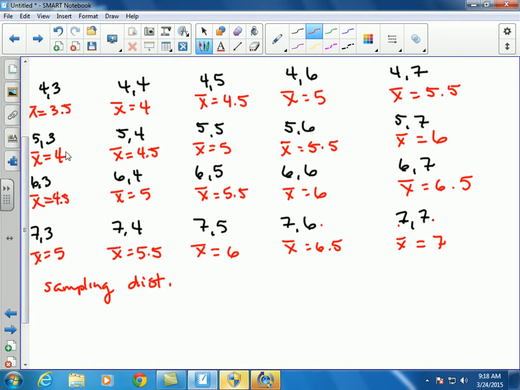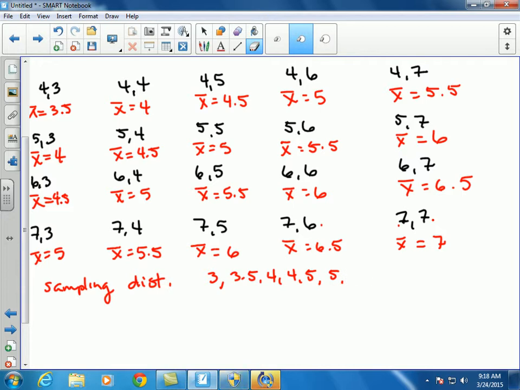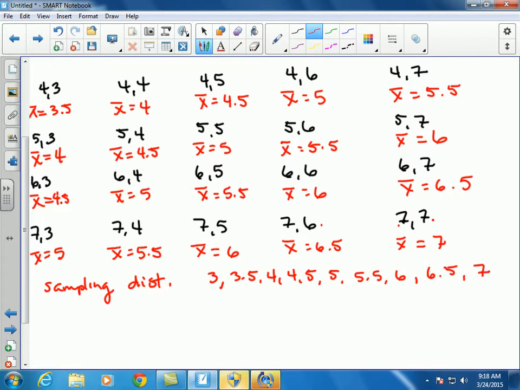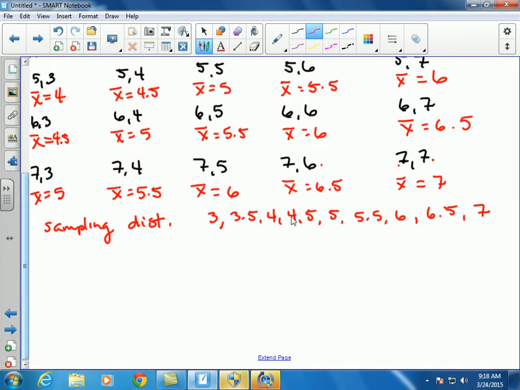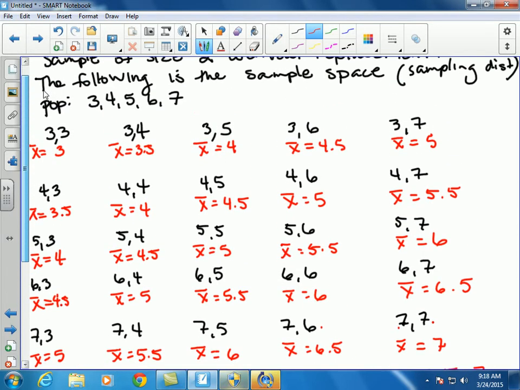The sampling distribution is 3, 3.5, 4, 4.5, 5, 5.5, 6, 6.5, and 7, right? Those are the only numbers that show up in my sampling distribution. Notice these numbers here are very different, though some repeat, from the numbers in the population.